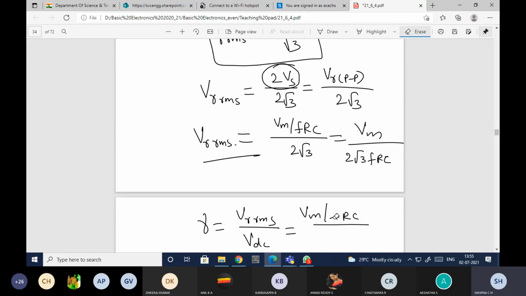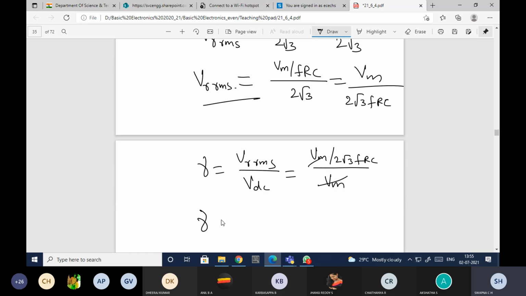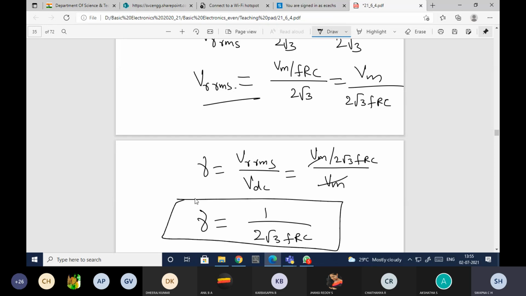So here I can write ripple factor gamma as VR RMS, which is Vm divided by 2 root 3 FRC, divided by VDC. We have got VDC as Vm, right? So substitute that. This Vm and this Vm will get cancelled. So finally my gamma is nothing but 1 by 2 root 3 FRC. Okay, so this is the ripple factor of your half wave rectifier.